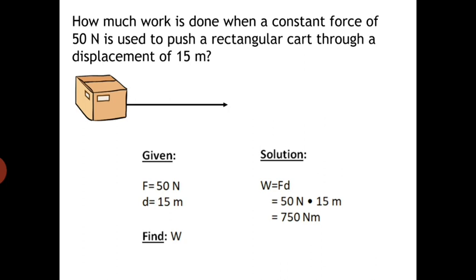And Newton times meter, of course, Newton meter. And remember that Newton meter is equivalent to joules. So the final answer is 750 joules. There is 750 joules of work done when a constant force of 50 Newton is used to push a rectangular cart through a displacement of 15 meters.